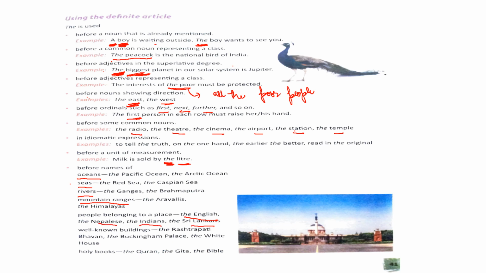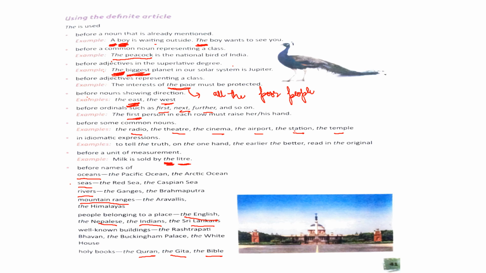Then before names of well-known buildings like the Rashtrapati Bhavan, the Buckingham Palace, the White House. With holy books like the Quran, the Gita, the Bible.